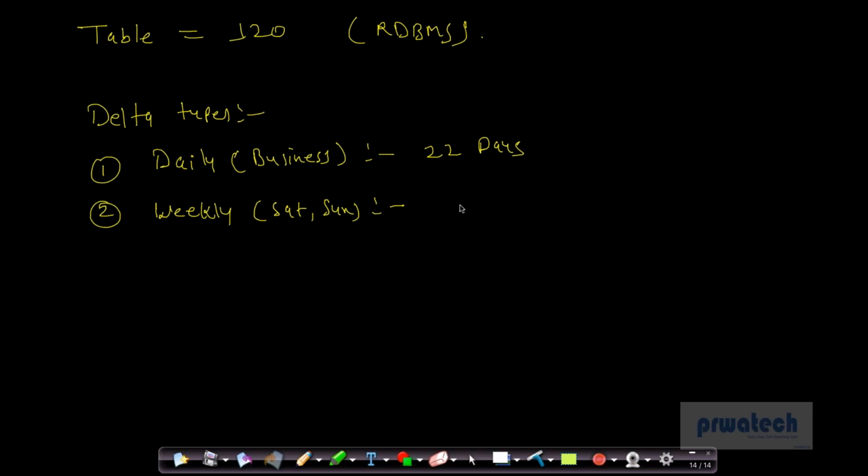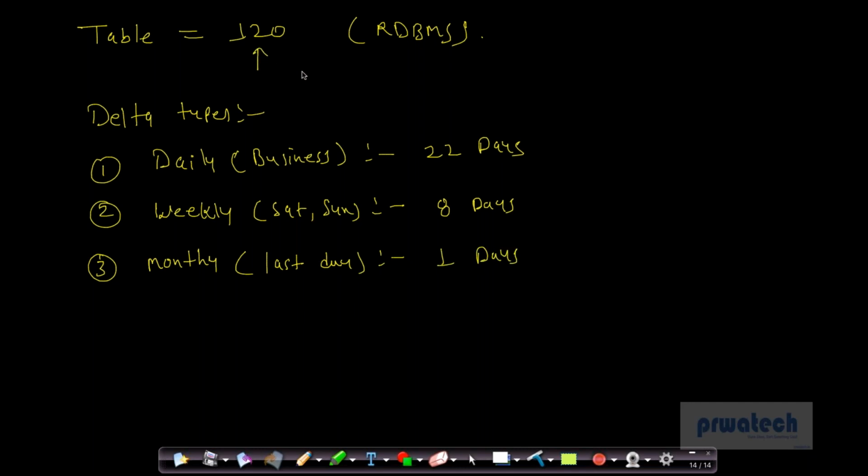How many Saturdays and Sundays? 8 days, right? Every month, some months have 10, as in 5 weekends, but frequently we have 8 days, so I'm using the average here. Then the third one is monthly. Monthly is the last day of the month, just like your salary table, 31st or 30th, whichever it is. So one day.